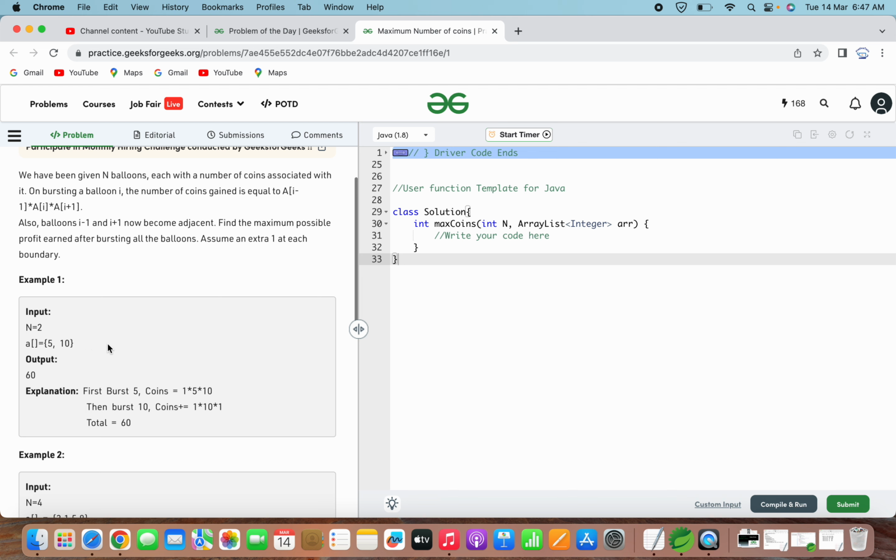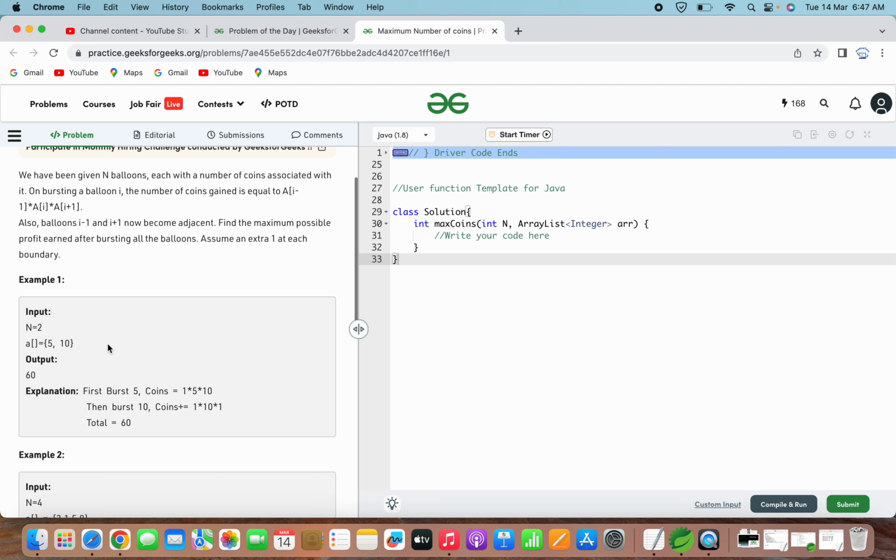So once we are bursting 3, then we get 1 into 3 into 8, because again for the same reason 1 and 8 become adjacent to each other after 3 is bursted. And 1 was again there at the end. So when we add all of these, we get 167.